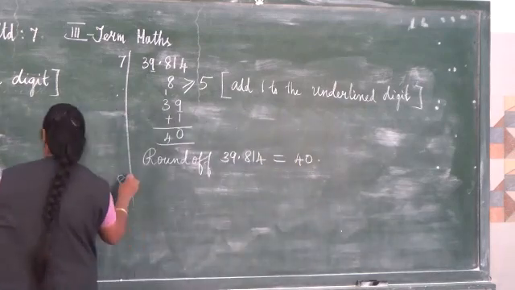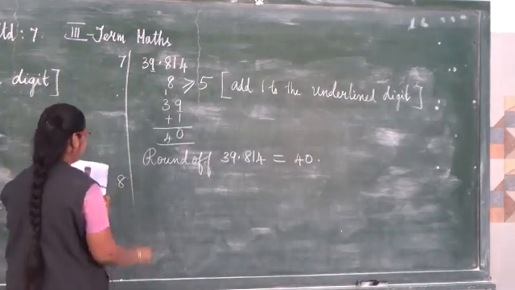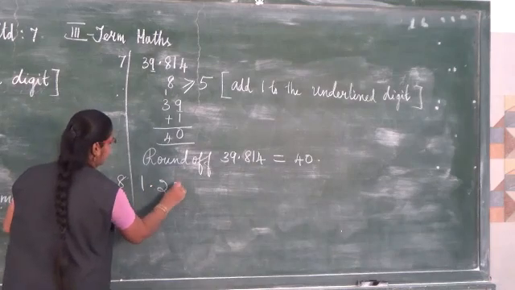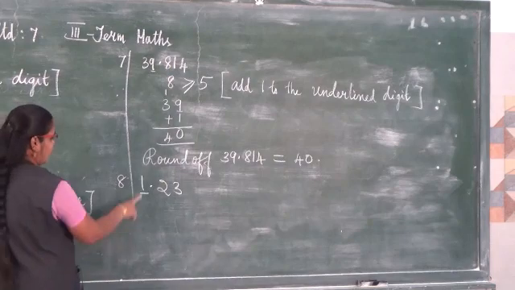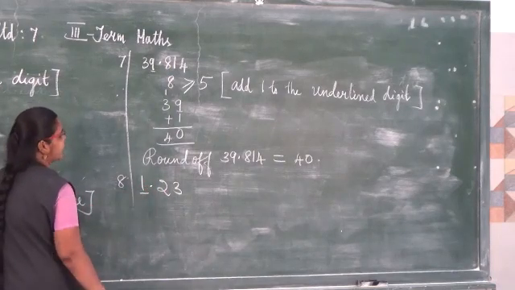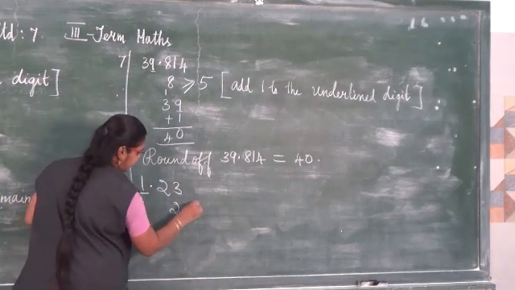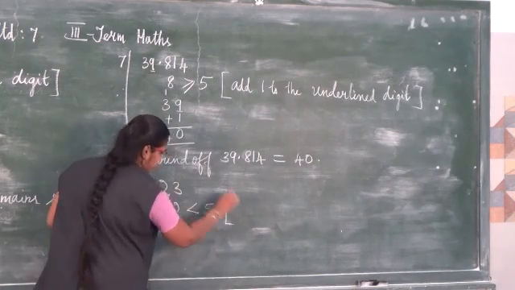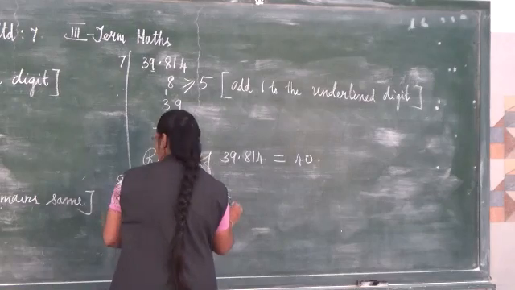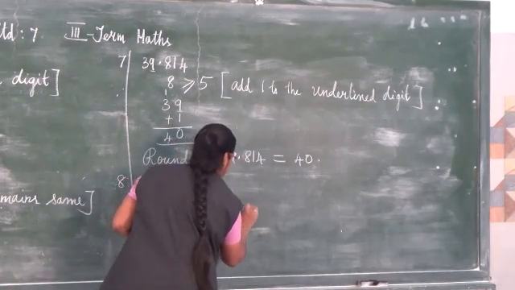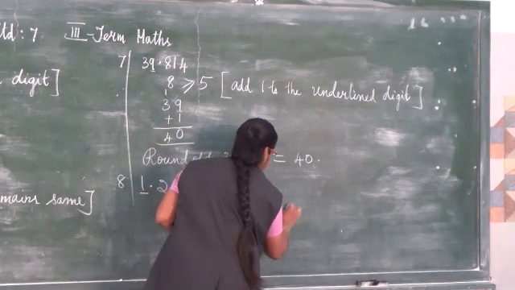Then the eighth one, 1.23. 1 is the whole number. After 1, 2 is there. So 2 is less than 5. If it is less than 5, what is the condition? The underlined digit remains unchanged.